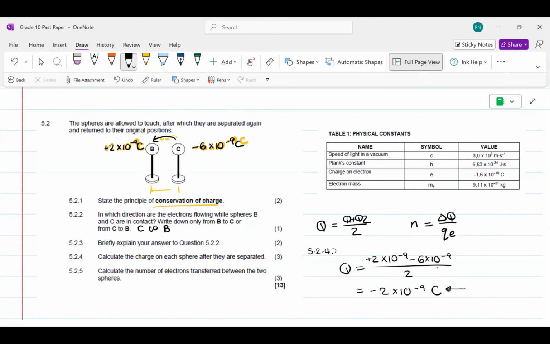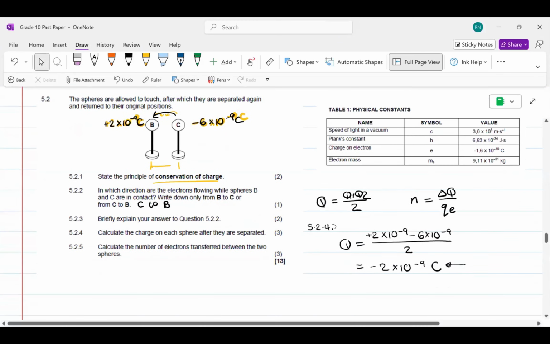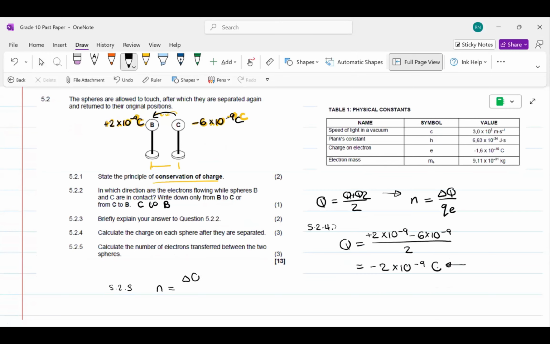Okay. Then the second question, or not question, but 5.2.5, it says calculate the number of electrons transferred between the spheres. Right, now we said we used this formula over here, and it says the number of electrons is equal to the change in the charge over the charge of an electron.